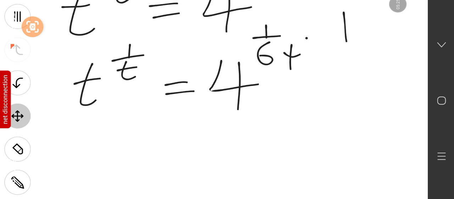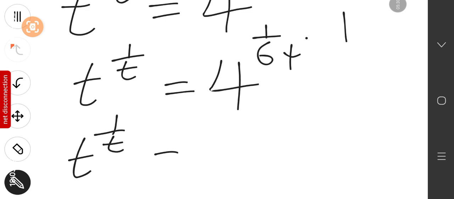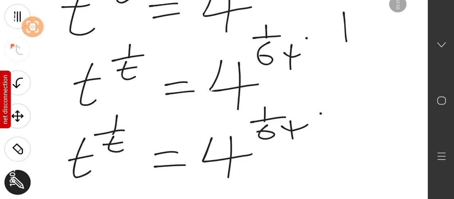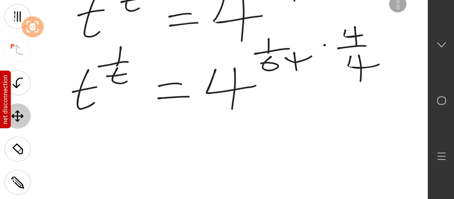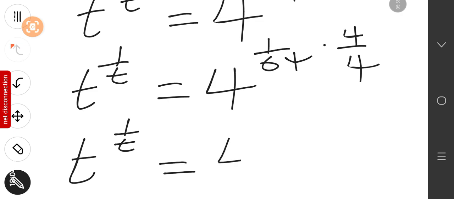So t exponent 1 over t equals 4 exponent 1 over 64, times, now we said anything over itself is 1. So here we are choosing 4 because we want to get to a point where we can tell what t is. So in place of 1, you can write 4 over 4.